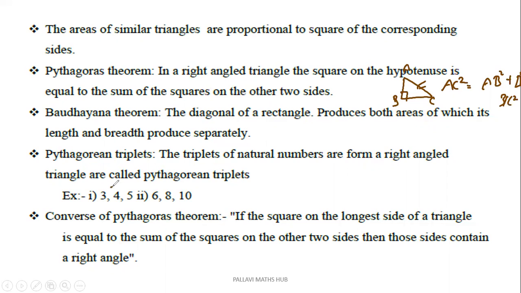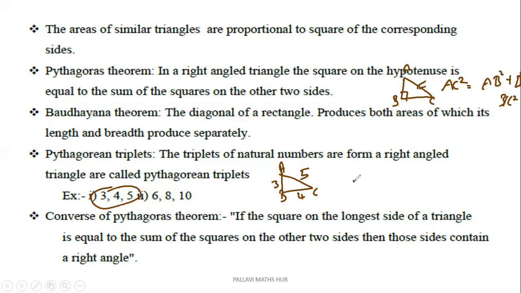So Pythagorean triplet means, as already said in the Pythagoras theorem, A, B, C. This is the hypotenuse side. The remaining two sides are small compared to the hypotenuse side. Already we proved that the hypotenuse side is the longest side in a right angle triangle.